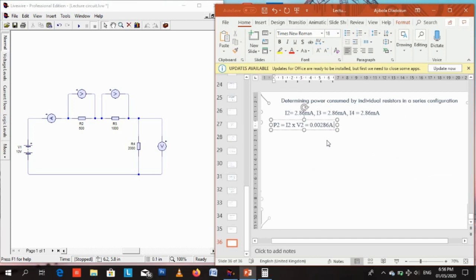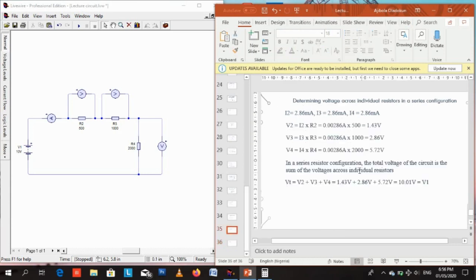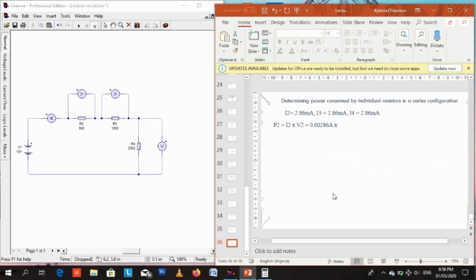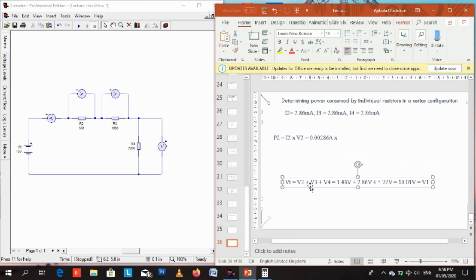We need to grab V2 from our previous calculations. We have V2, V3, V4. We've obtained that before, so you can just copy and paste.